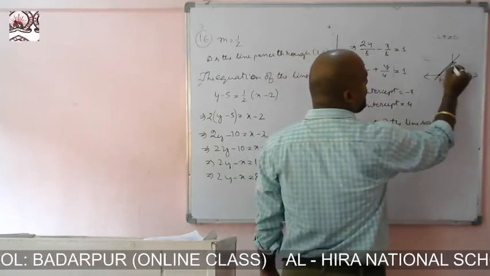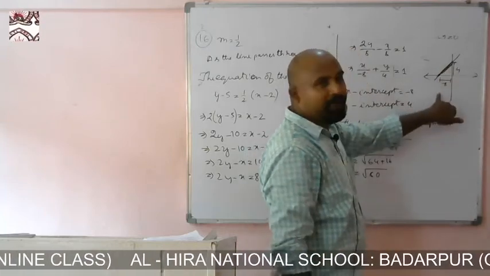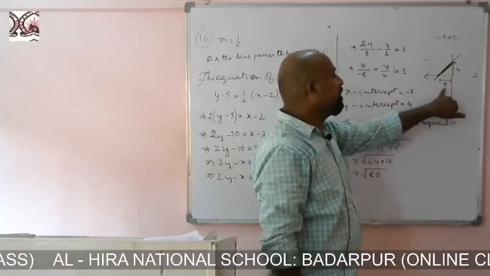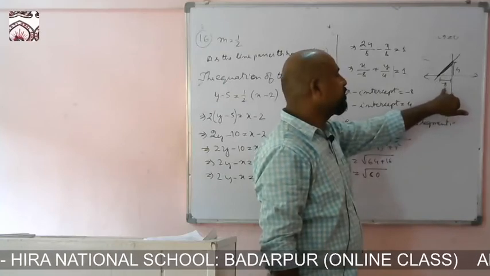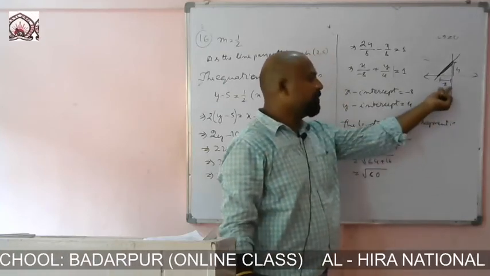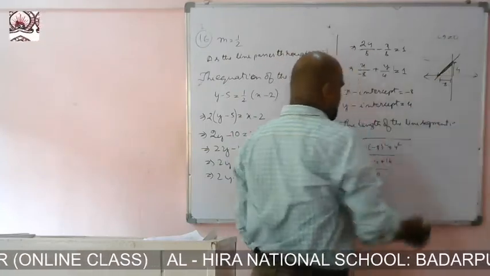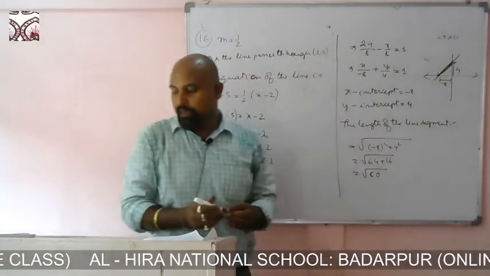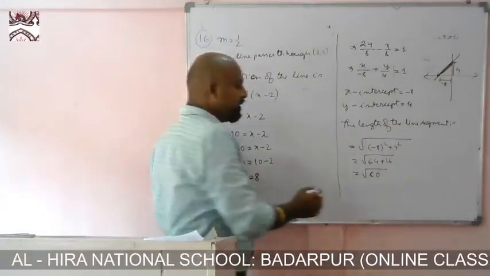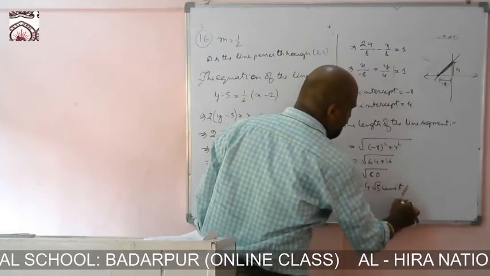Then the length of this line segment, using Pythagoras theorem, is root over of minus 8 whole square plus 4 square. This is equal to root over of 80, that is equal to 4 root over of 5 units. Okay.